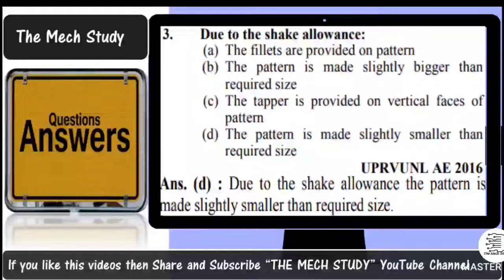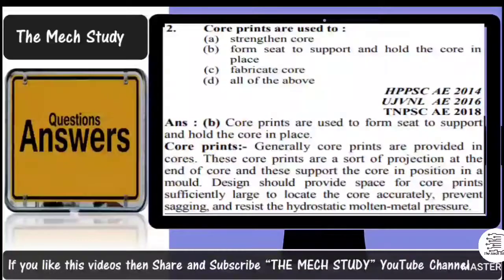In that case, you give the shake allowance in a pattern, so that you can get the product without hammering and all those things. You just provide some movement, and after that a gap is produced so that you can pick the product. Here the pattern is made slightly smaller than required, so option D is the correct option. Go with D.